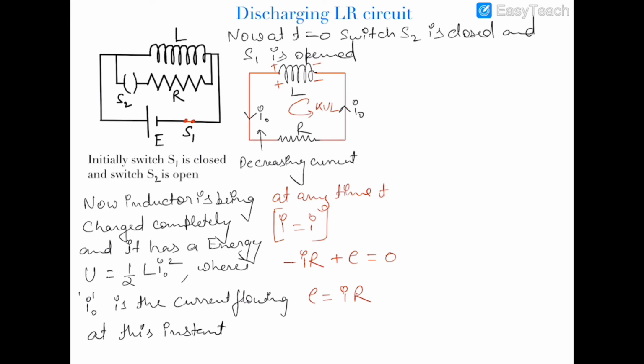Now we know that this E is the magnitude of EMF induced in the inductor, and hence it is L di by dt. But there would be a negative sign also, because this current is decreasing, and hence di by dt would be negative.